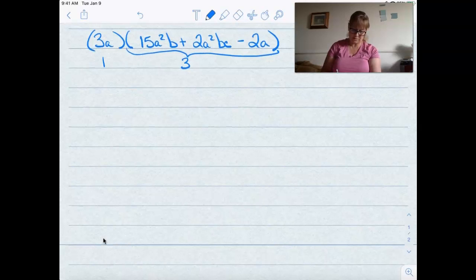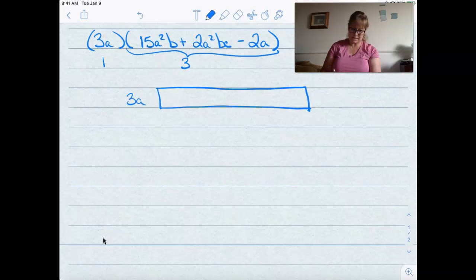Draw your rectangle. It's only going to be one row because we have a monomial. But then the box is going to be broken into 3 boxes because we have a trinomial that has to go on top. 15a squared b, 2a squared bc, and then remember this negative here goes with that term, minus 2a.